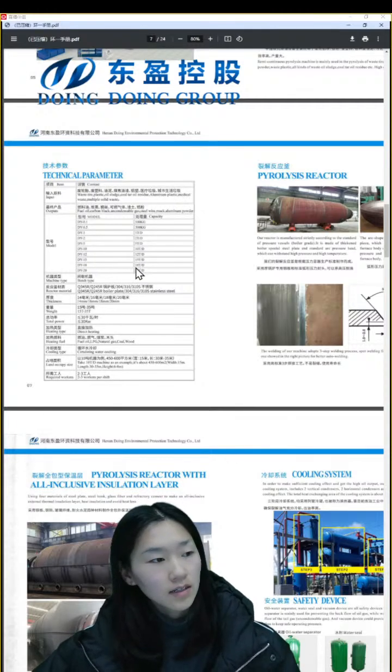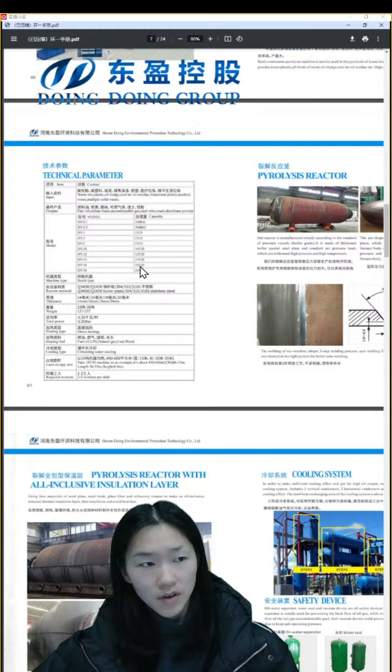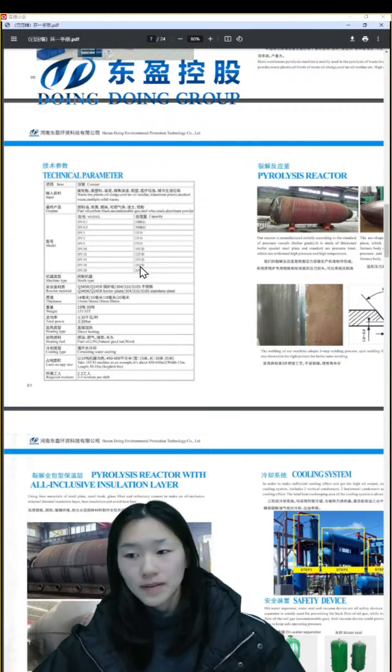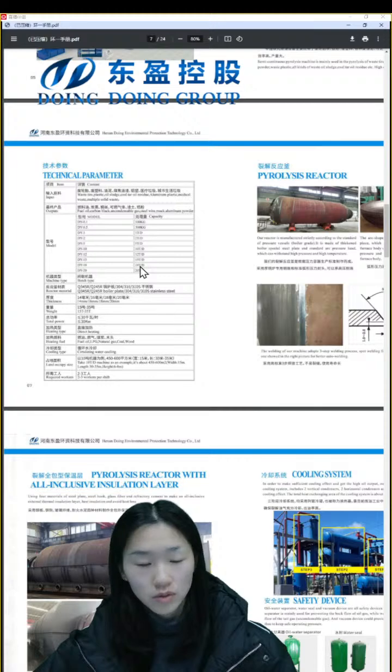Like 18 tons per day and 20 tons per day, we can't transport it easily to our customer's factory because the size of the reactor is very big. For the shipment company, it's also a big problem.